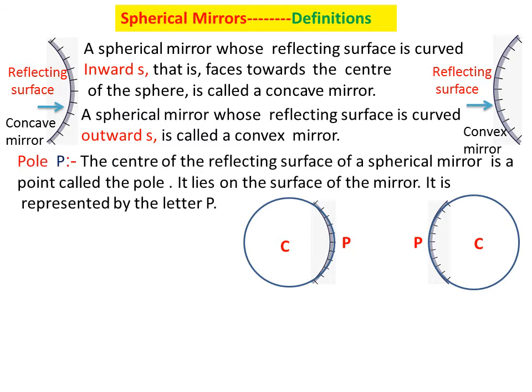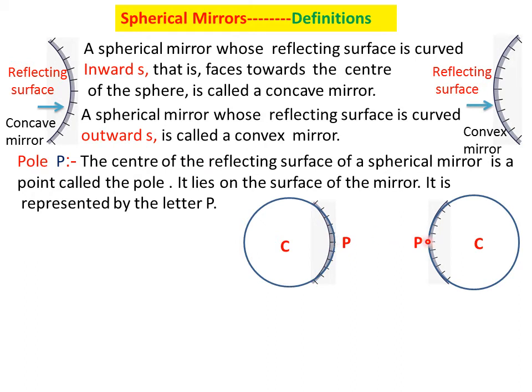The first one is the pole. This is the pole, the center of the reflecting surface of a spherical mirror. When we say spherical mirror, it may be concave or convex. So the center of the reflecting surface of a spherical mirror is a point called the pole.